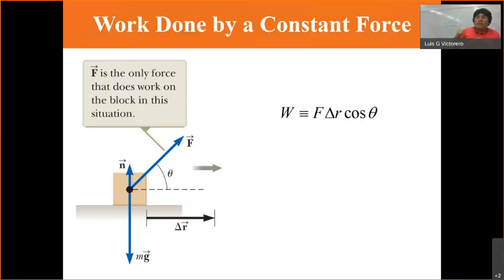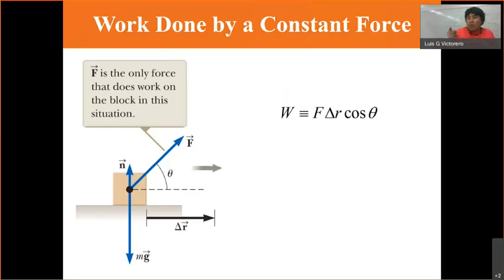Now, let's remember that force is a vector, displacement is a vector, so you can technically have a negative force, right? You can. And you can also have negative work, because in the equation that you see in front of you, you have F delta R cosine theta.